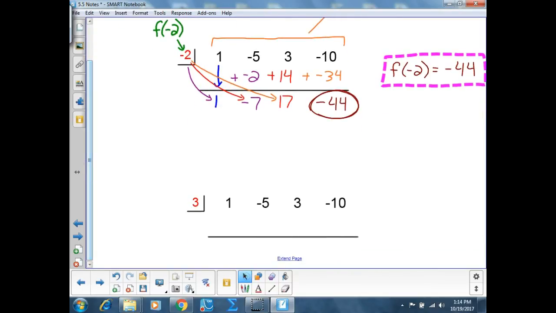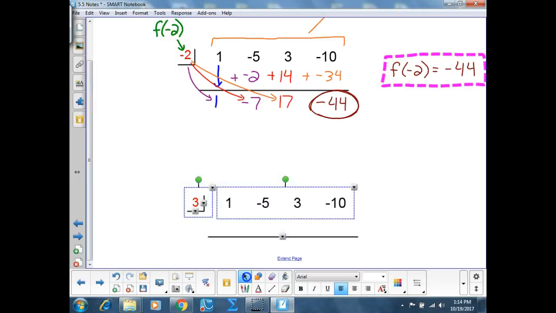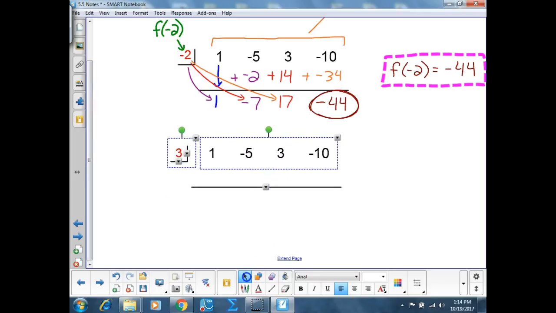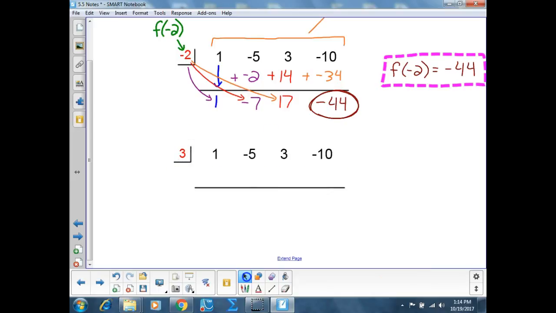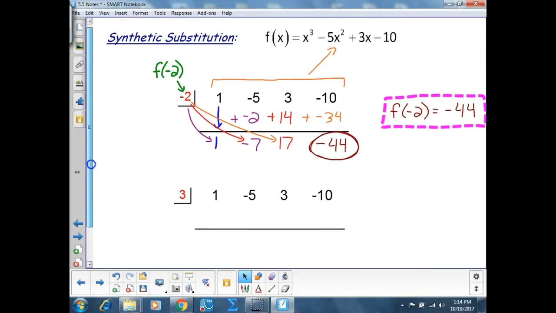Let me move this up a little bit. So this is saying f of 3 would be set up like that, which we know my answer down at the end should be negative 19.